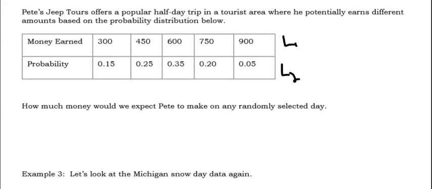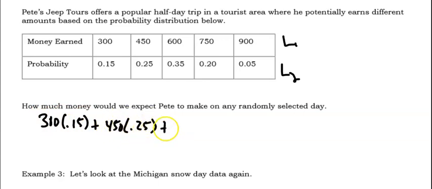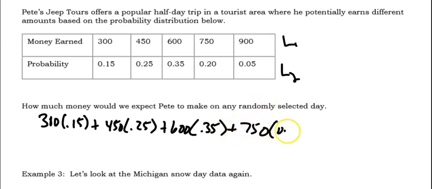If we were doing this by hand, again, we would do 300 times 0.15 plus 450 times 0.25 plus 600 times 0.35 plus 750 times 0.2 plus 900 times 0.05.